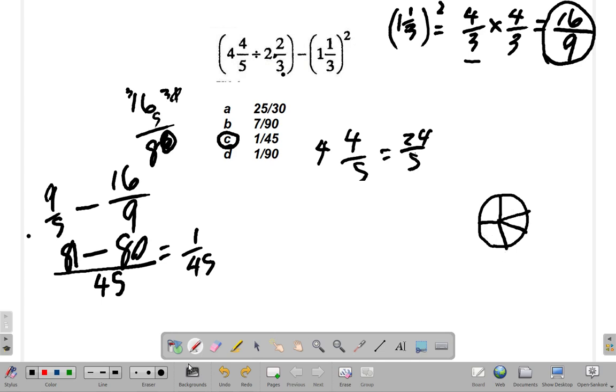Well, all of them should really be approximately the same size. So let me see what can happen in this case. I have a circle and I want it in fifths.